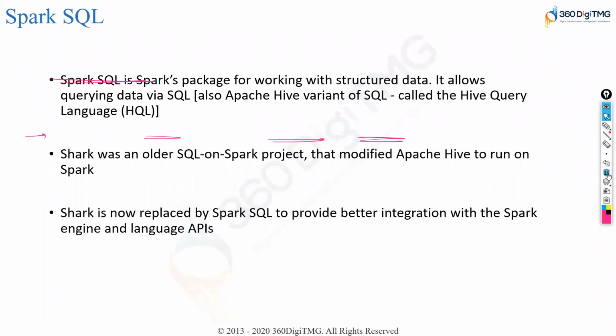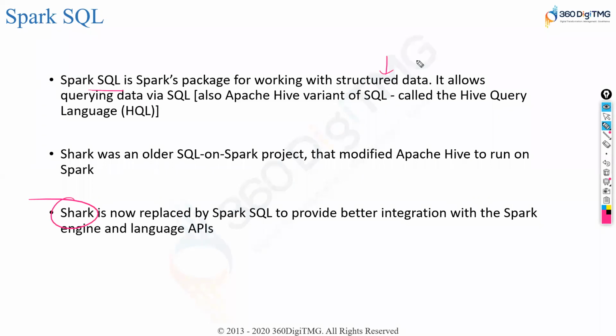Then we have Spark SQL. Originally, it was called Shark. Spark SQL is basically allowing us to deal with structured data in a big data environment. Right? Now we have seen HDFS, we have seen HBase.